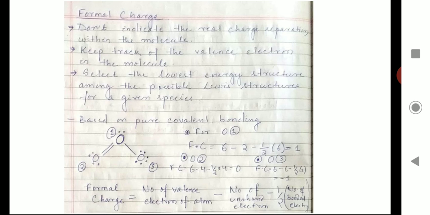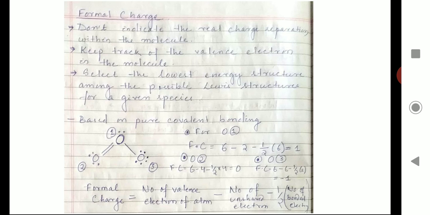For oxygen 1, as we know, the valence electrons for oxygen is 6, so we put 6, then subtract 2, because in the first oxygen 2 electrons are unshared. Then, as oxygen 1 has 3 covalent bonds, the number of bonding electrons is 6. Substituting all these values, we get a formal charge of plus 1 for oxygen 1.